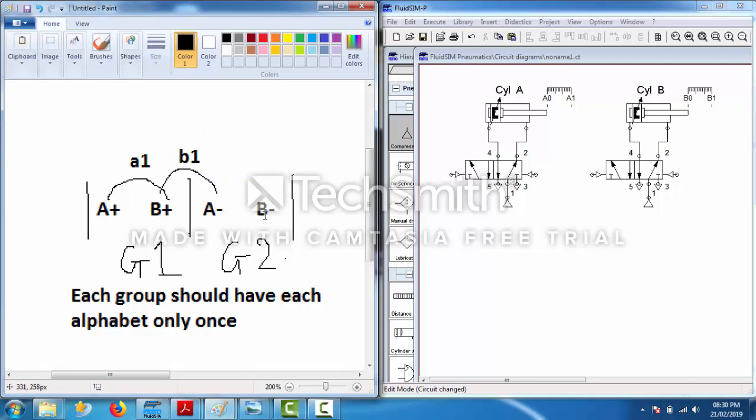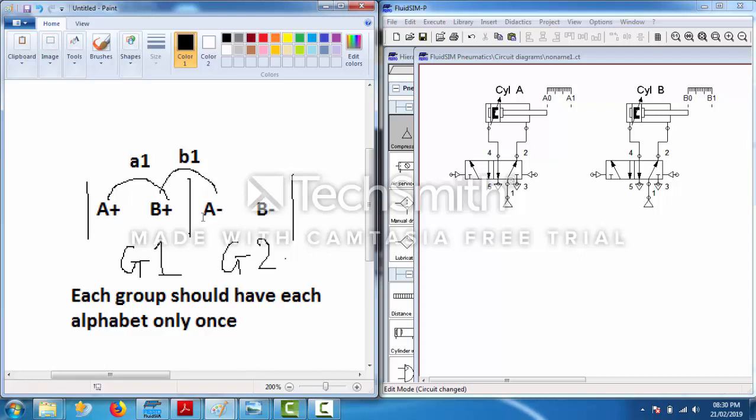Similarly, how will piston B know that it has to start moving inwards to go to B minus position? Only when the piston A has reached its innermost position. That is, it has reached A minus position. Only after the piston has reached its A minus position will B piston start moving.